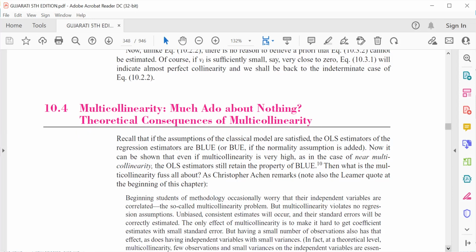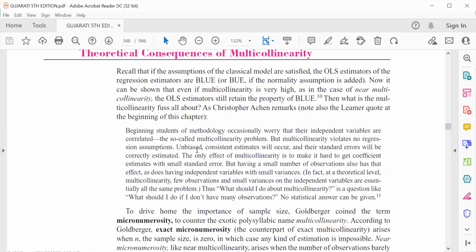these quotations: Beginning students of methodology occasionally worry that their independent variables are correlated, but this is normal in economics, because it is impossible to avoid. If income increases, the demand for certain goods will increase. If the demand for a certain good increases, then the price of the good will increase.